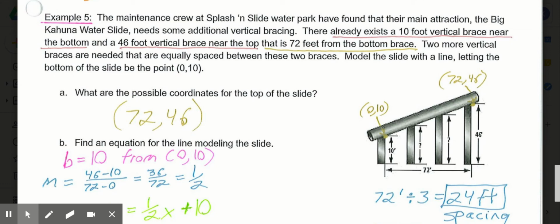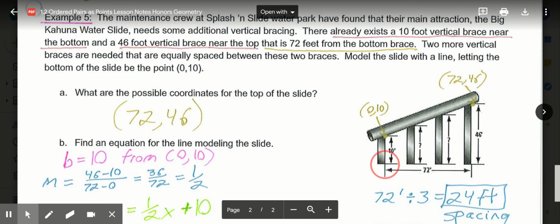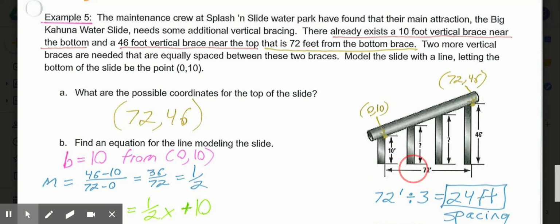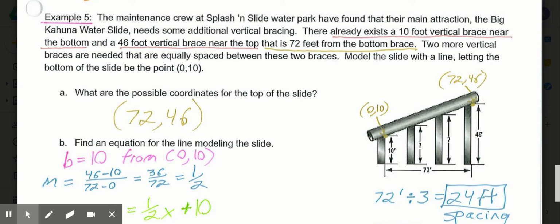So I can figure out my other point because of my information. From this brace to this brace, it was 72 feet. That is the x-axis, so I went right 72. Then the height of this point was up from the bottom 46 feet. So this coordinate is 72, 46. So what are the possible coordinates for the top of the slide? It would be 72, 46.